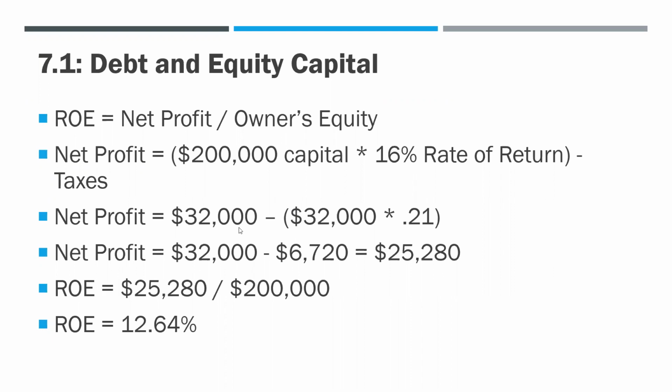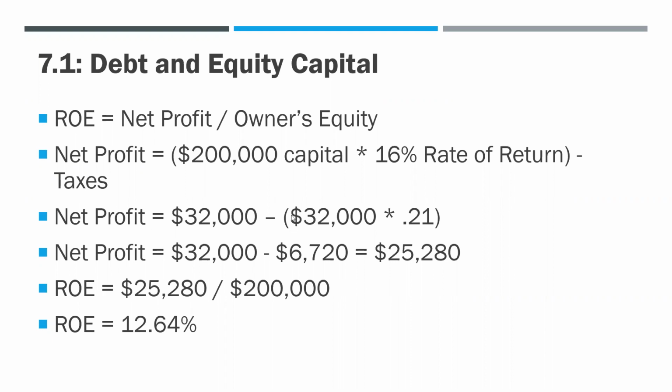So 32,000 represents earnings before interest and taxes. We would take $32,000, subtract any interest, which in this scenario is zero, because there's no debt borrowing.